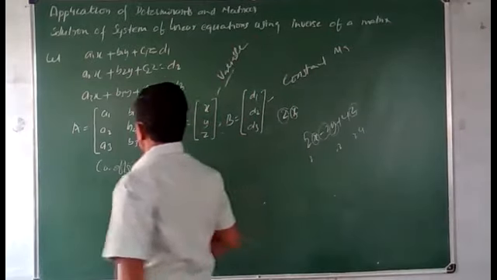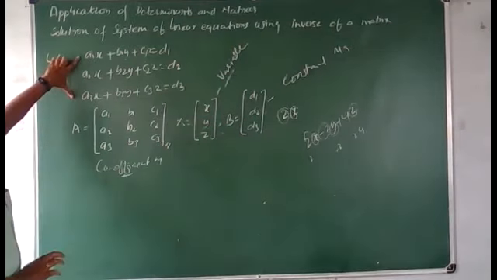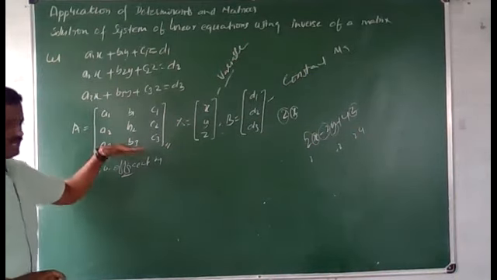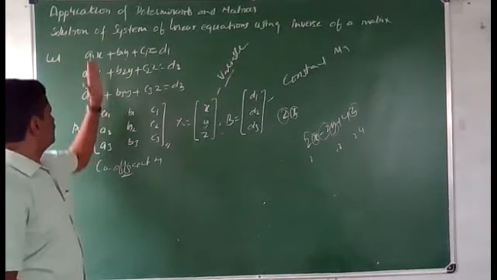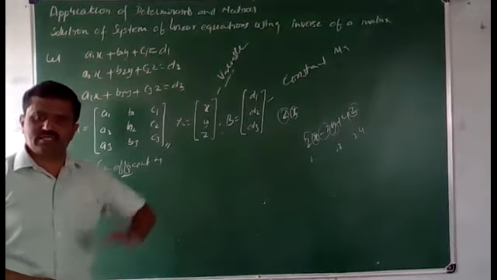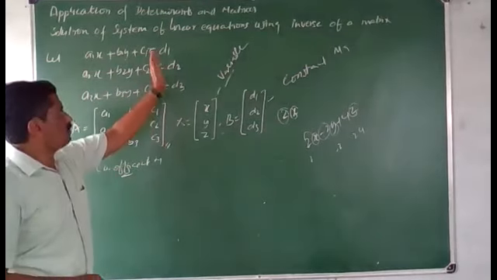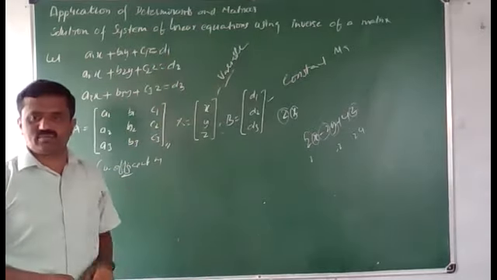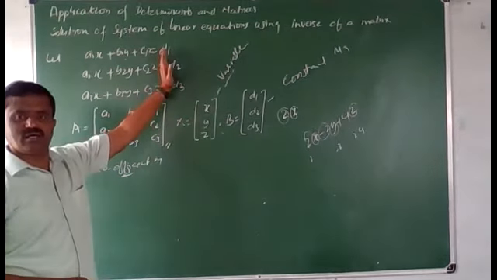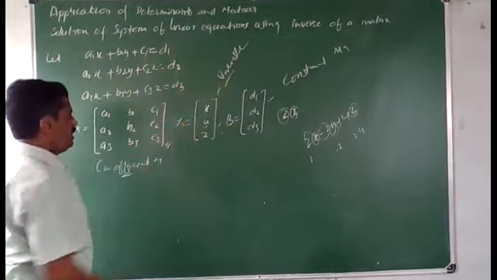Again, remember, these are the system of linear equations. Then write the coefficient matrix. So before writing the coefficient matrix, see that the variables must be in a particular order, that is x, y, z form, and bring the constants to the RHS. Always see that the constants must be on the right hand side.